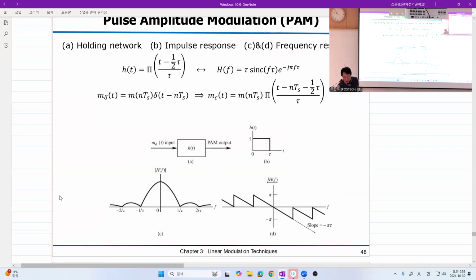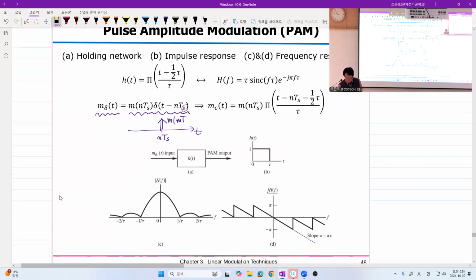suppose you have a signal that is a delta function delayed by n times t sub s. Okay. So in the time domain, here we have some direct delta function, which is scaled by some number m of nts.